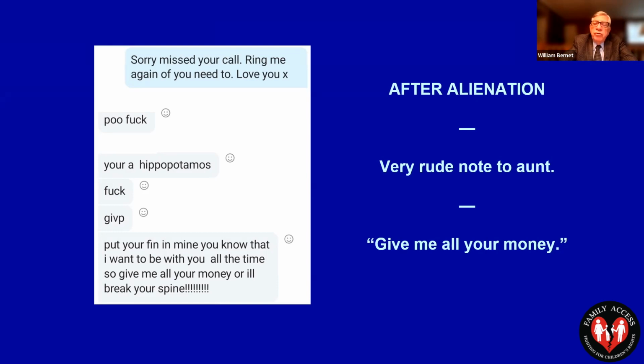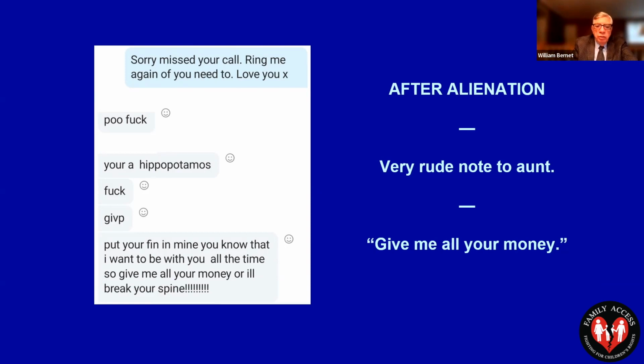So in this case, the aunt is presumably the sister of the parent. In other words, the child is rejecting the extended family of the rejected parent. And so it's a pretty good example of going from a positive relationship to a negative one.